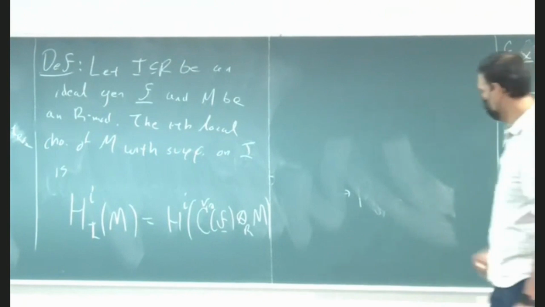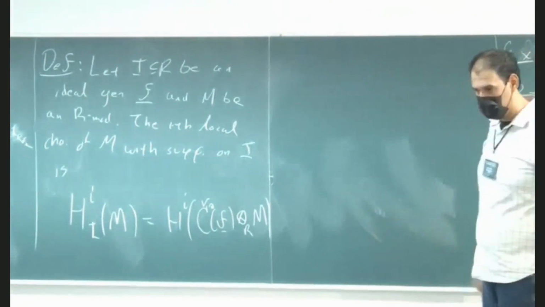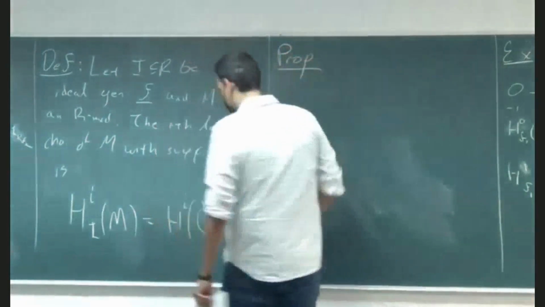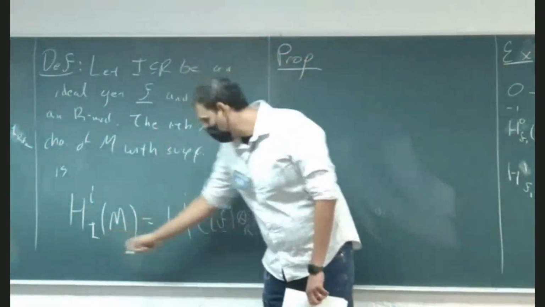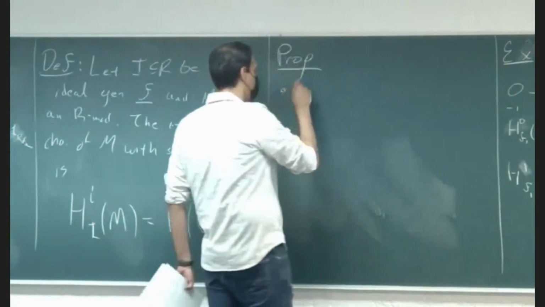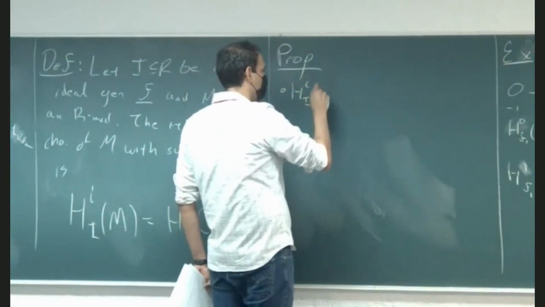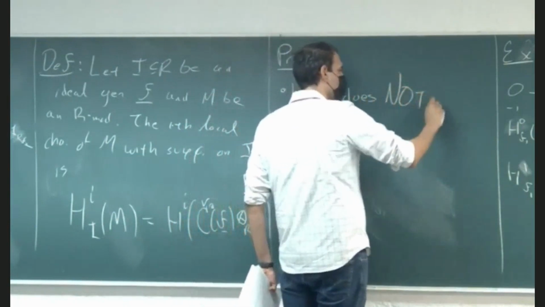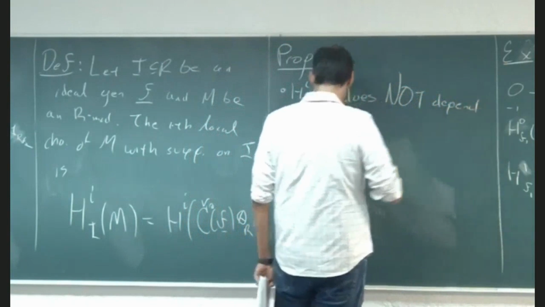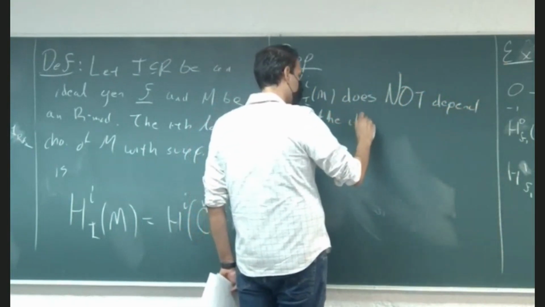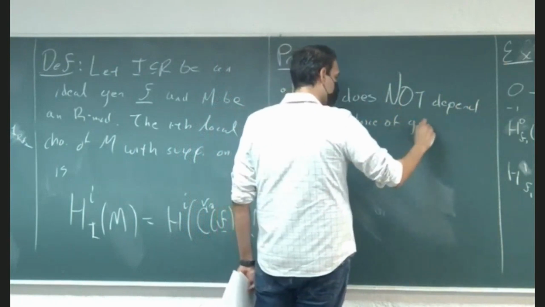So, a first complaint that you can make, and it's perfectly valid, is, well, you're telling me this depends on the ideal, but you're defining it in terms of the generators. So local cohomology does not depend on the choice of the generators.